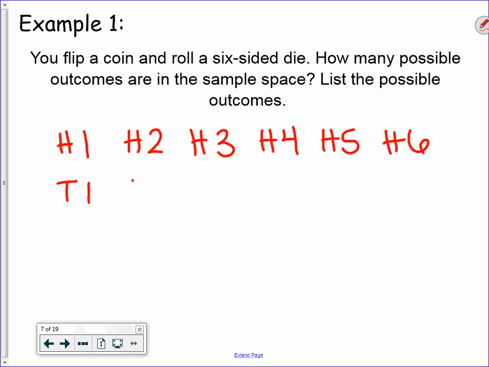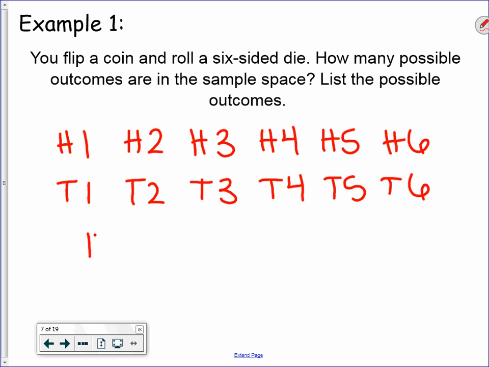So tails with a 1, tails with a 2, tails 3, 4, 5, and 6. So these are all of the possible outcomes in the sample space here. So it says list the possible outcomes, and I always like to say that there are 12 possible outcomes.